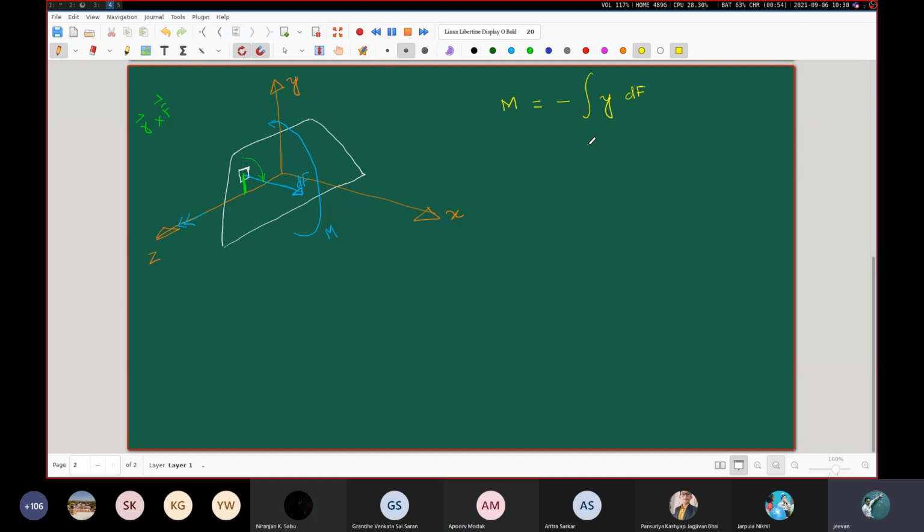So we understand that we are talking about the force which is pointing along this direction. The direction is along the positive x axis, and we are talking about an area which is lying on a plane perpendicular to this x-axis. So this dF is actually associated with sigma xx.